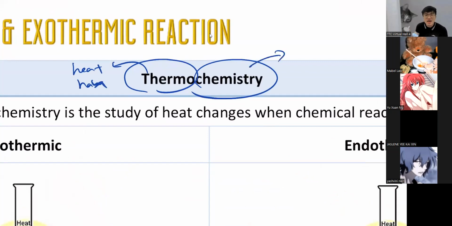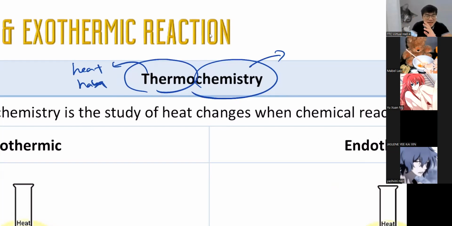Chemistry is chemical reactions. So this is a chapter that deals with chemical reactions and their heat, because all chemical reactions involve some kind of heat exchange. Either they will absorb heat or they will release heat. Whenever you carry out a chemical reaction, there will be a temperature change, either an increase or a decrease.